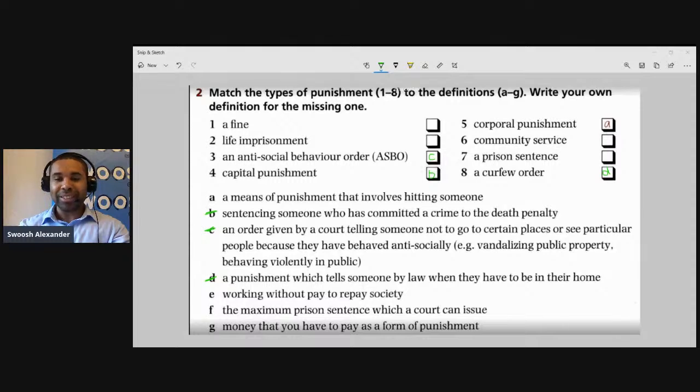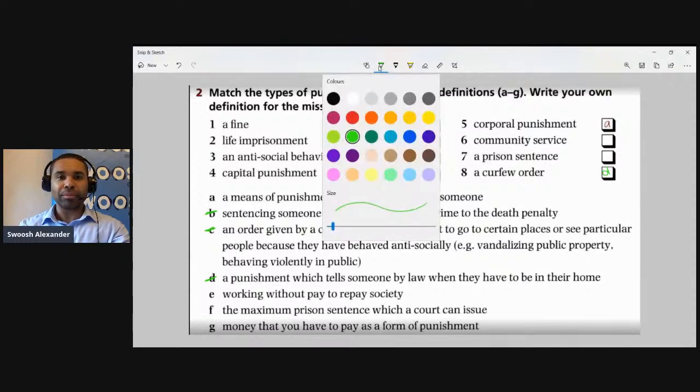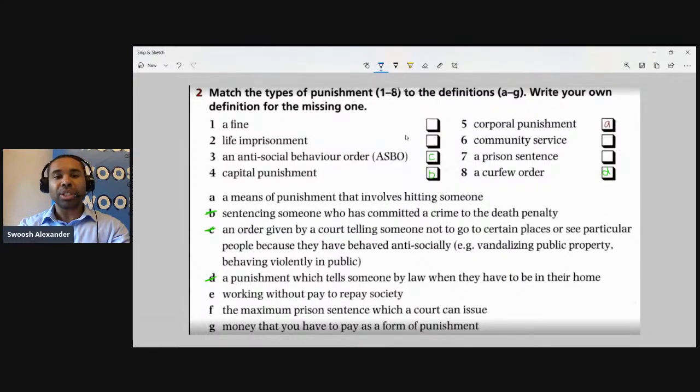So this is a particular vocabulary item which could be useful going forward. There's so many references to coronavirus at the moment. I'm sure in your essays you're using coronavirus as a reference point for examples that you are giving. And so yes, a curfew is when you tell someone they have to be at home by a certain time.